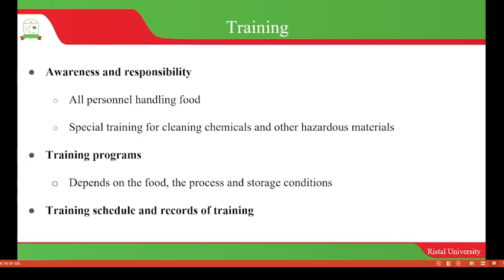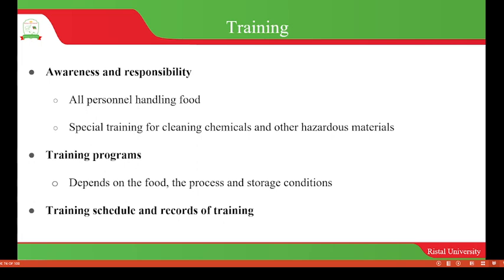Then special training for cleaning chemicals and other hazardous materials has to be done. So they have to be trained on how to handle the food, and also they have to be trained on how to do cleaning using chemicals or other hazardous materials.